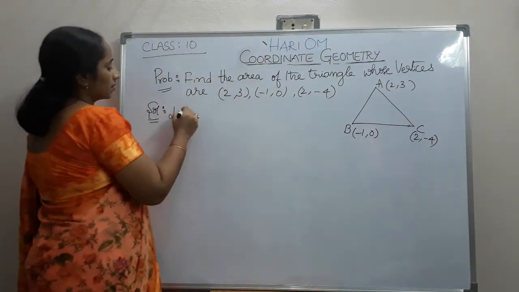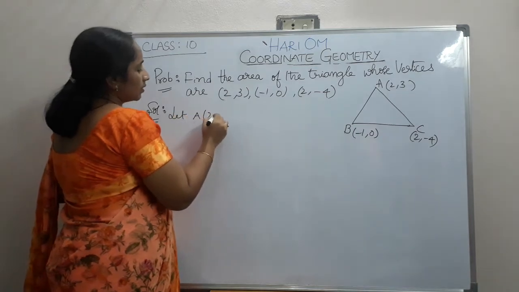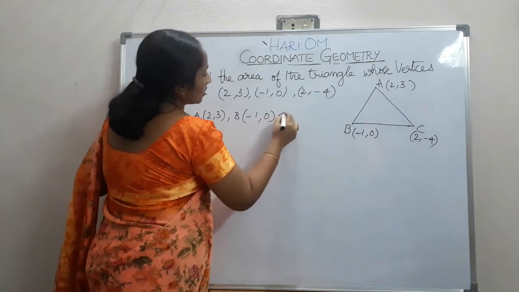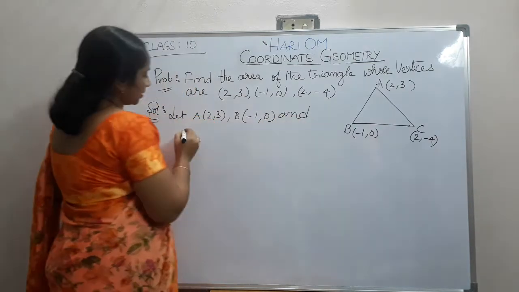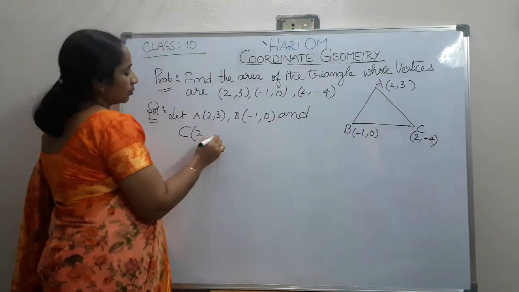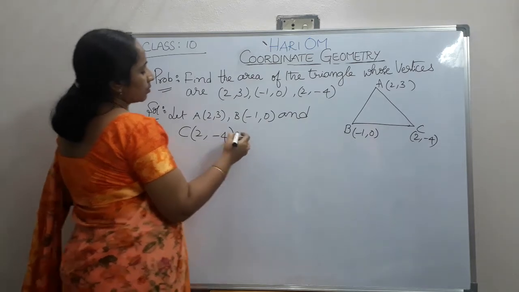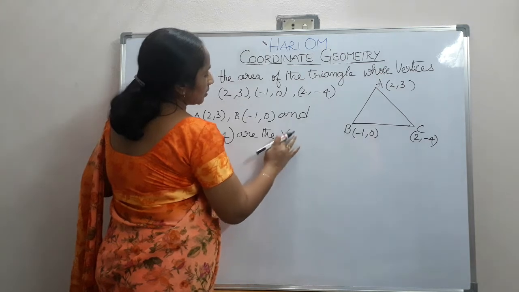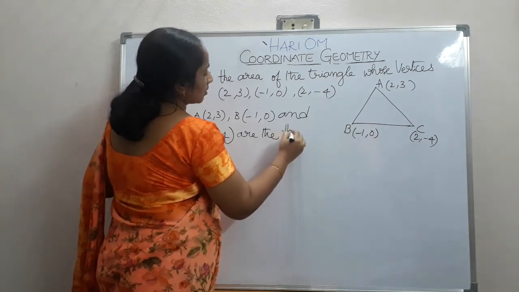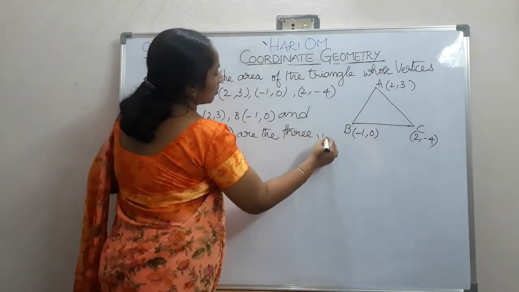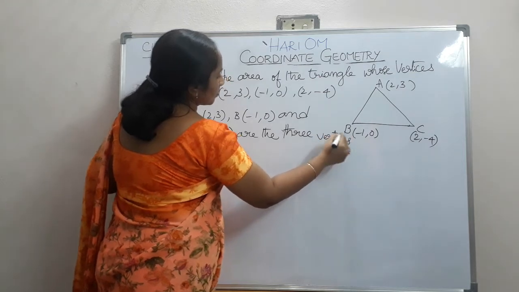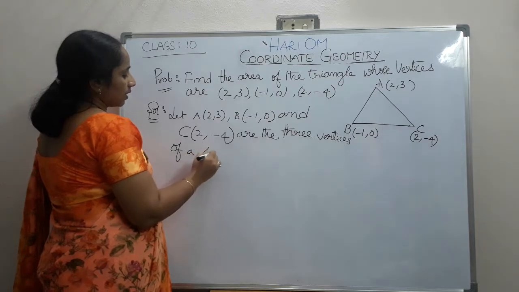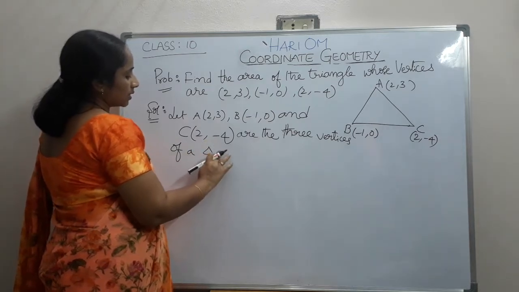Let A (2, 3), B (-1, 0) and C (2, -4) be the three vertices of a triangle ABC.